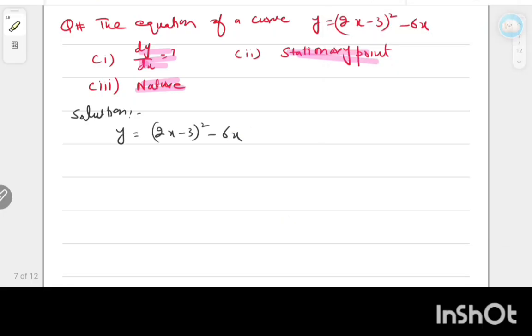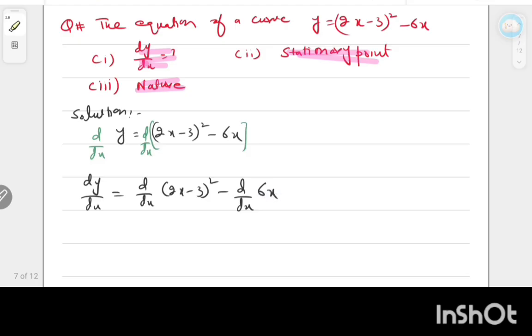Here we have to take the derivative on both sides, d over dx. So dy by dx is equal to d over dx of (2x minus 3) squared minus d over dx of 6x.